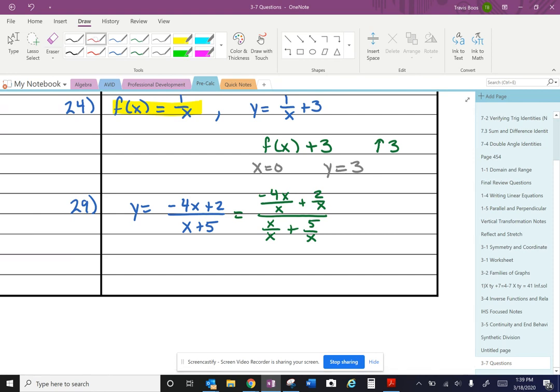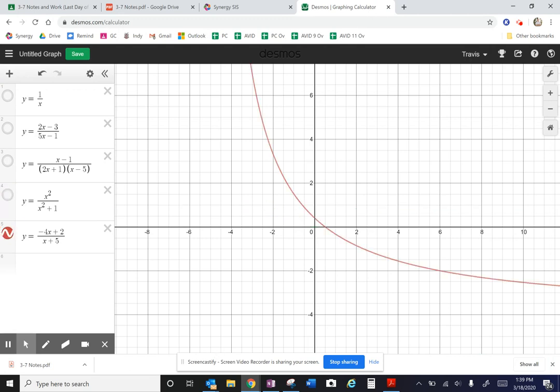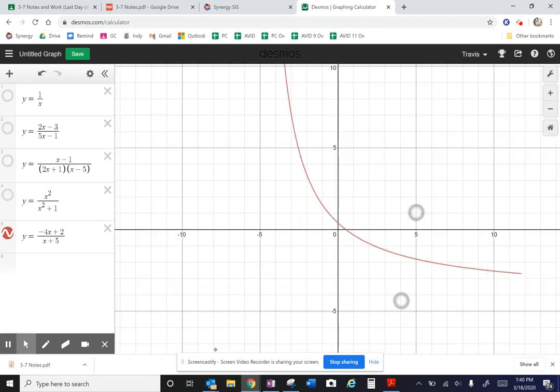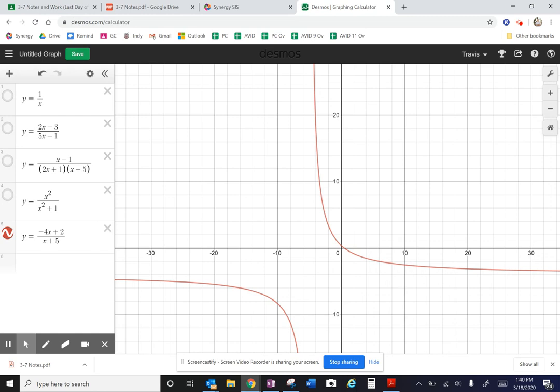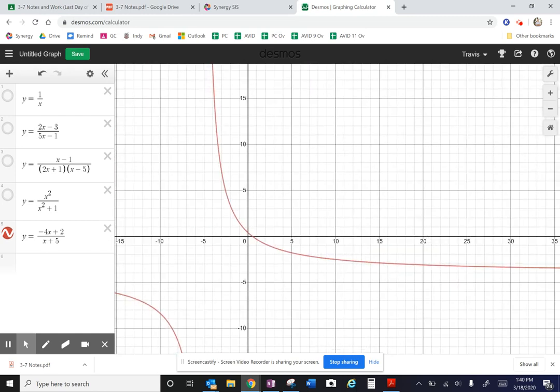And as x approaches infinity, this is going to go to 0, this is going to go to 0, and we're left with negative 4 over 1, which is just negative 4. And so we can tell that there is a horizontal asymptote at negative 4.